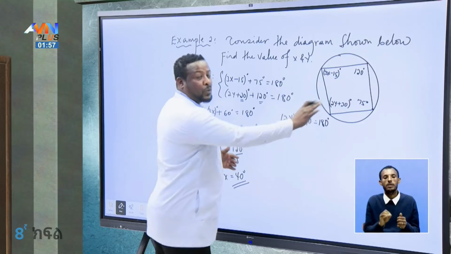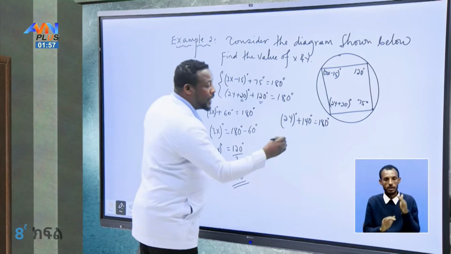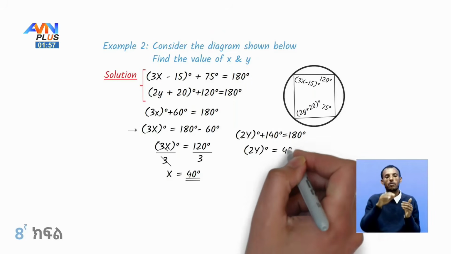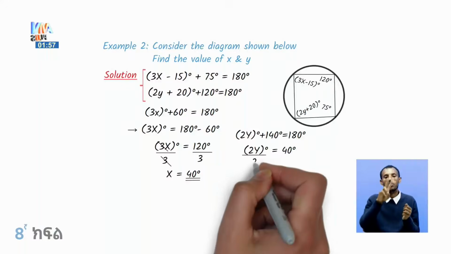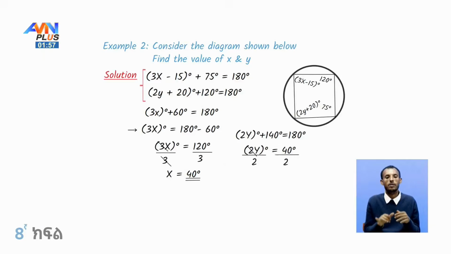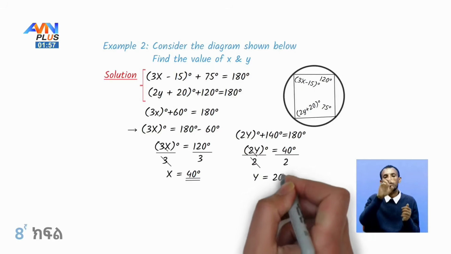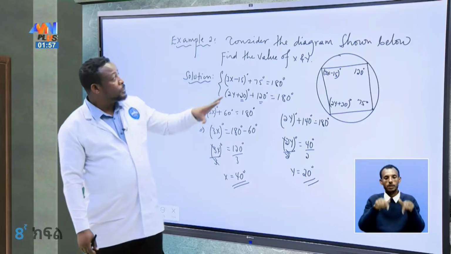Then take 140 degrees to the right and subtract from 180 degrees. Then 2y degrees is equal to 40 degrees. Lastly, divide both sides by 2, and you will get the value of y. So y becomes 40 over 2, or 20 degrees. This is all about this problem.